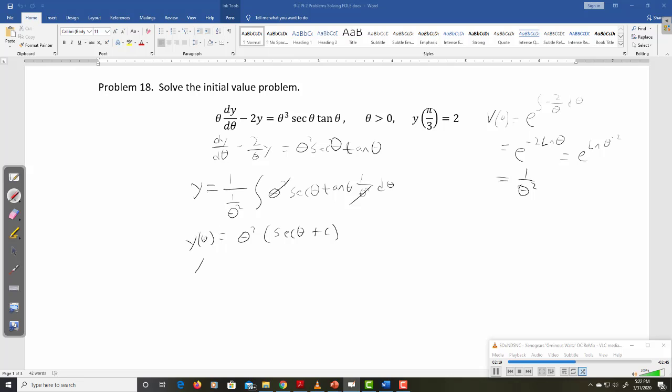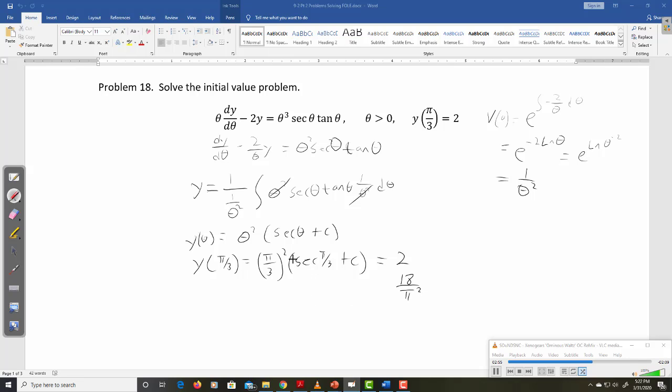And we know y of pi over 3, so when theta is pi over 3, we have pi over 3 squared secant of pi over 3 plus c equals 2. Guess I might as well just multiply this over, so pi squared over 9, you get 9 times 2 is 18 over pi squared.